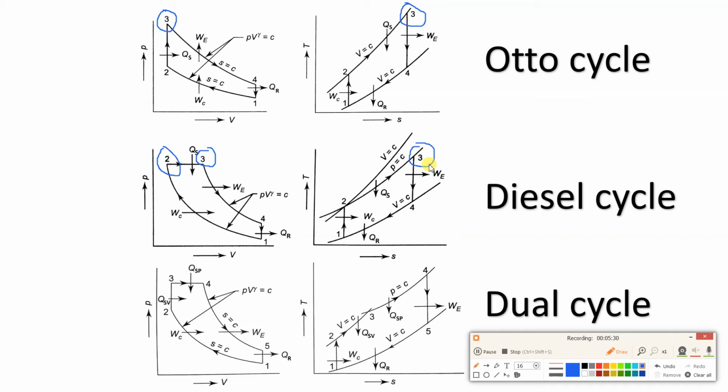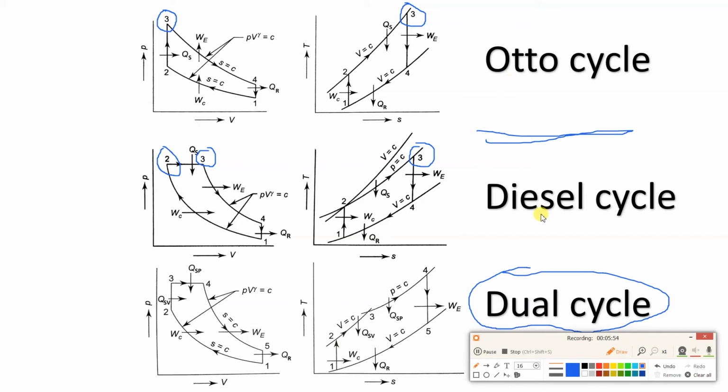Now you should remember that the dual cycle efficiency will always be in between the Otto cycle and the diesel cycle. So when we are comparing the Otto cycle, diesel cycle and dual cycle, usually the dual cycle's efficiency will always be in between. In some cases, Otto cycle efficiency may be greater.